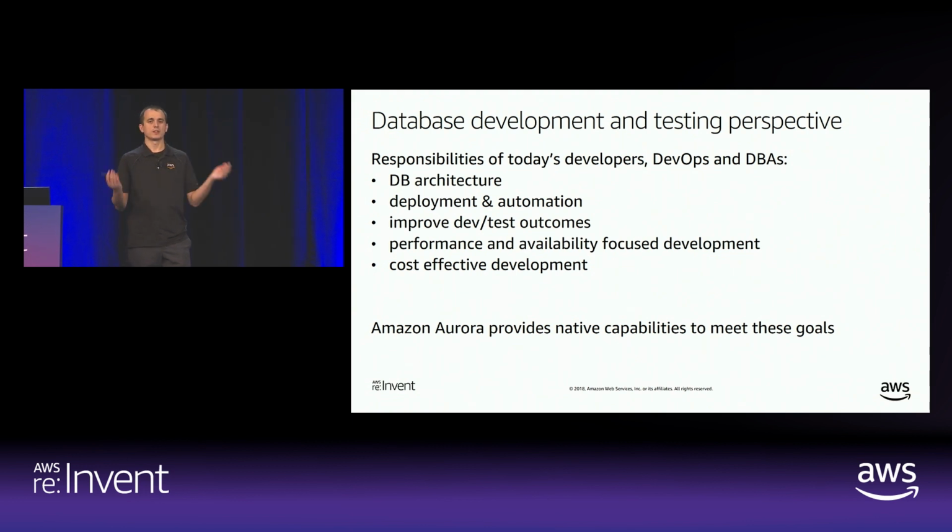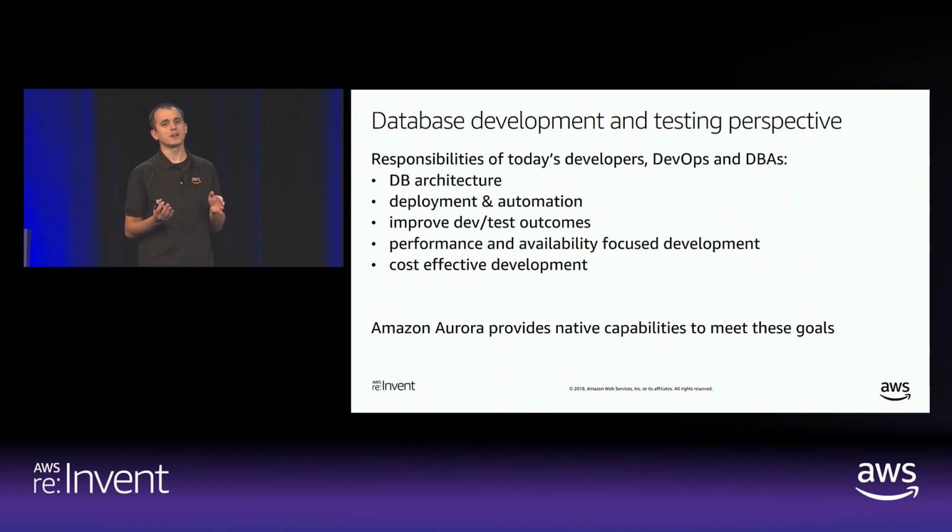So it's more of a collaborative effort, right? And in today's world with databases such as Amazon Aurora in cloud environments, we do provide native capabilities that help you achieve this goal easier and faster and be generally a lot more agile.